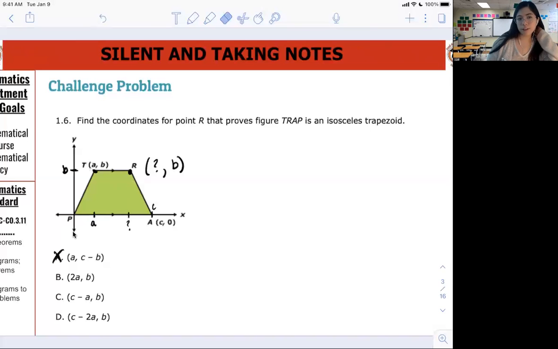So right now we're just looking at the possible answers between B, C, and D. And we're trying to figure out which one will give us the correct answer for the X value.